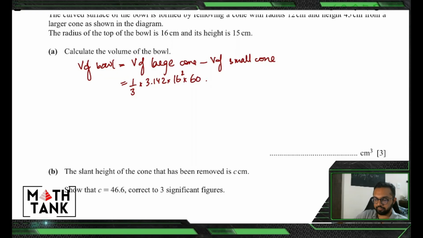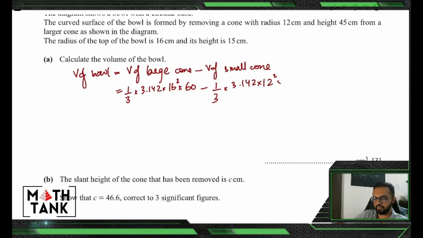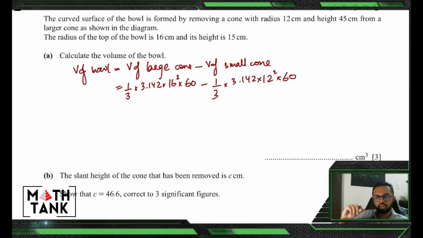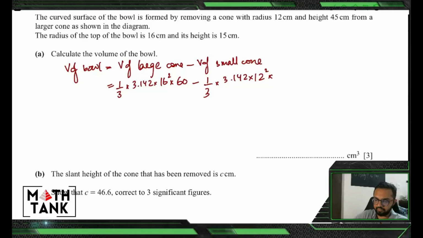So 60. Smaller cone, 1/3 pi r squared h. Okay, sorry, h for the smaller cone is 45.